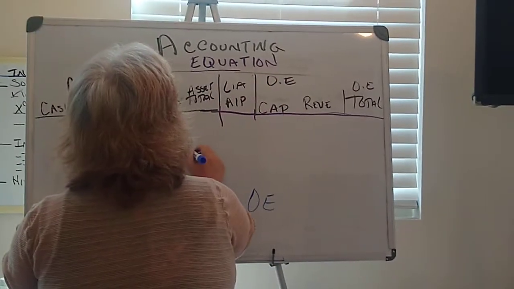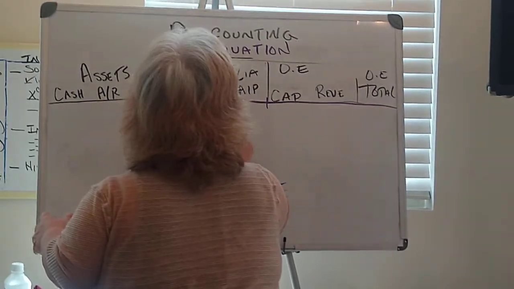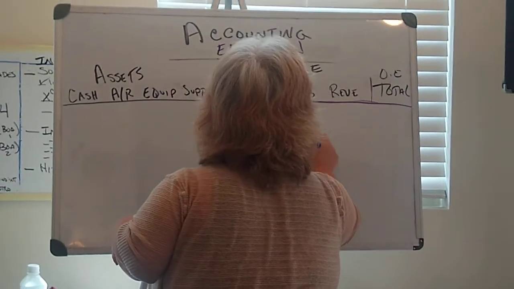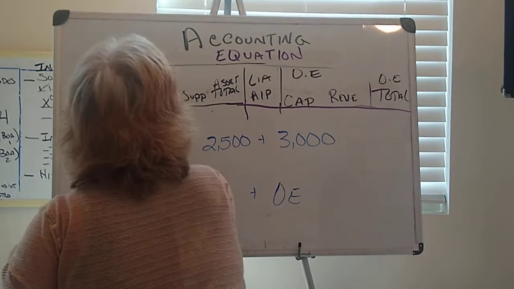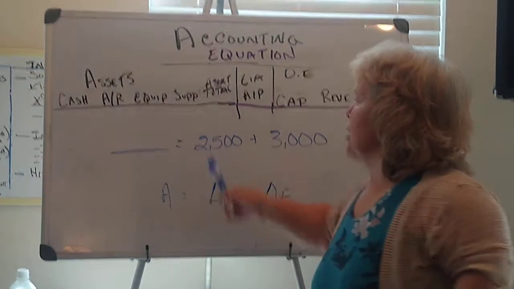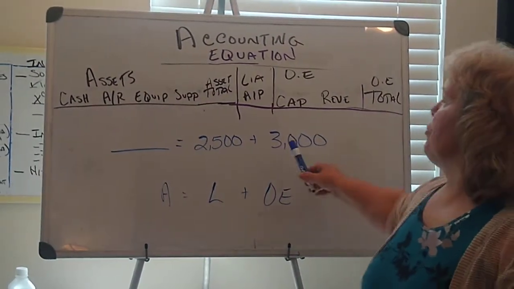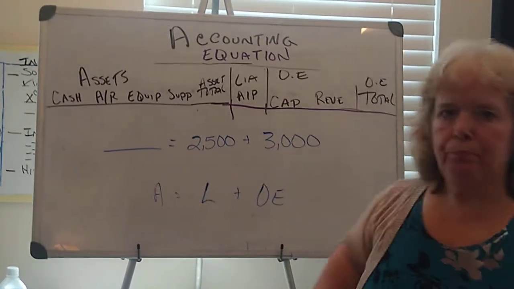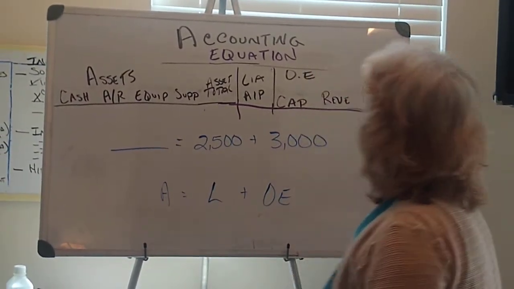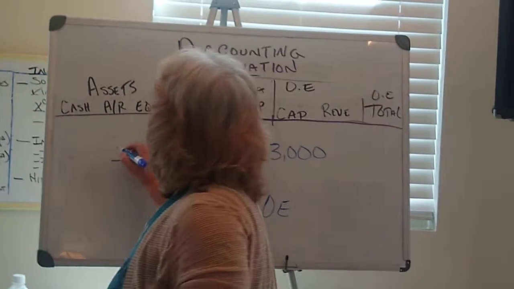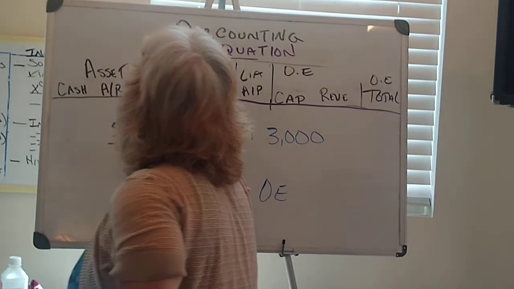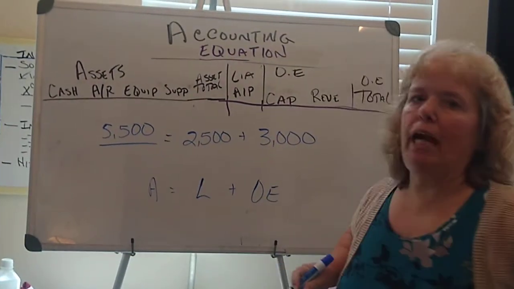If I had $2,500 in liabilities and $3,000 in owner's equity, how much should my assets be? Somebody said 5,500, sorry, you are correct.